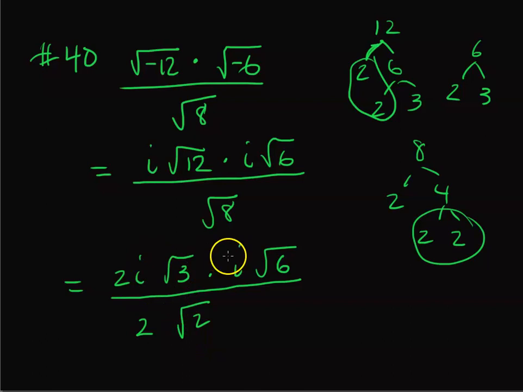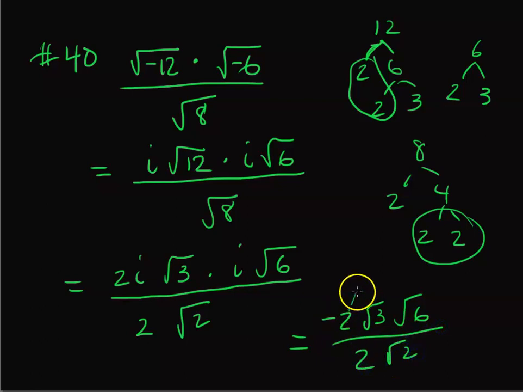Okay, i times i is i squared, or negative 1. So we have 2, but it's a negative 1 because of i squared, the square root of 3 times the square root of 6 over 2 square root of 2. Well, those 2's on the outside cancel. And this is then 3 times 6, or the square root of 18, over the square root of 2.